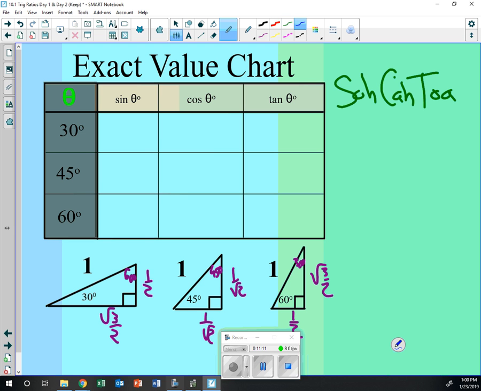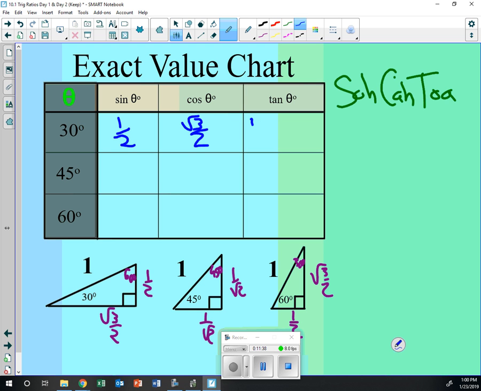Some of you are making great progress on this. The sine of 30 is the opposite over hypotenuse, or 1/2 over 1. So that's just going to be 1/2. For the cosine, it's going to be the square root of 3/2 over 1, or the square root of 3/2. And then for tangent, it's going to be opposite over adjacent.